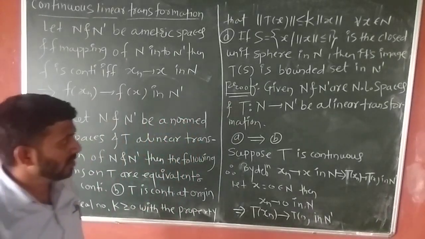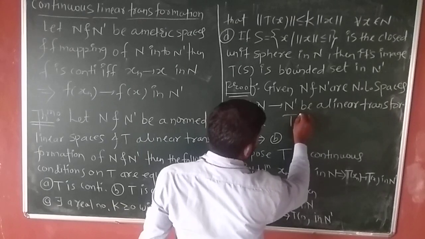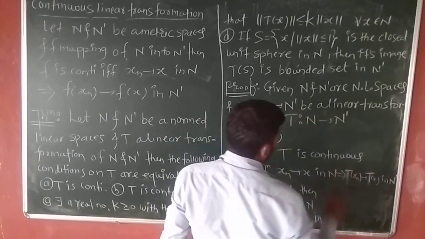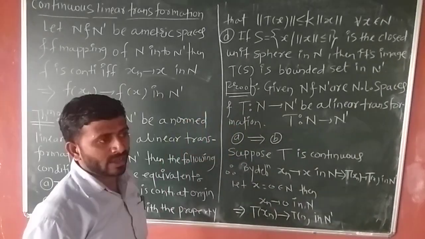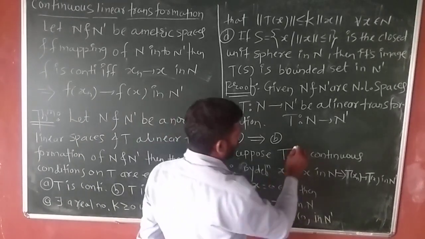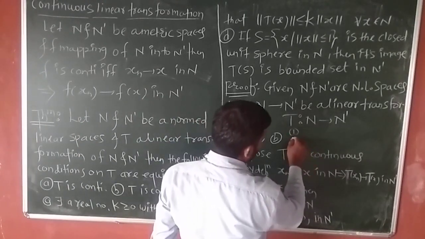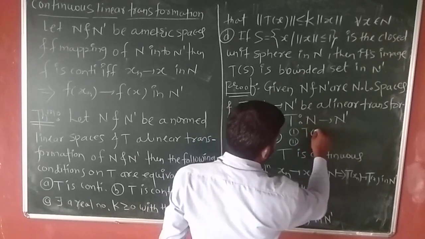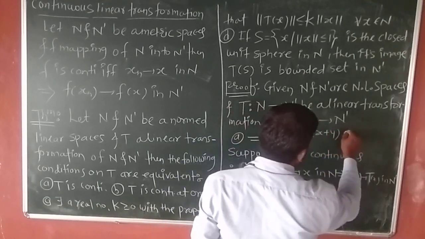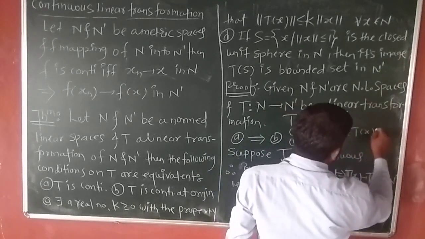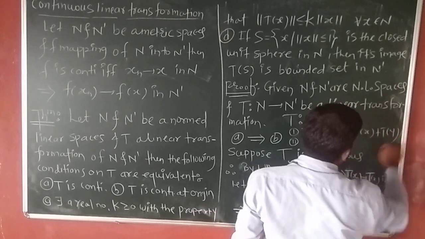Transformation is nothing but if you take T from one vector space to another vector space, then it is said to be a linear transformation if it satisfies two properties. The first property: T of x plus y is equal to T of x plus T of y.